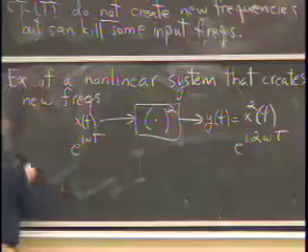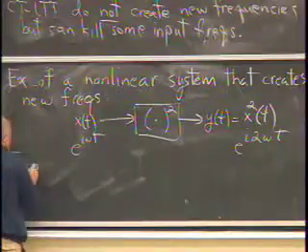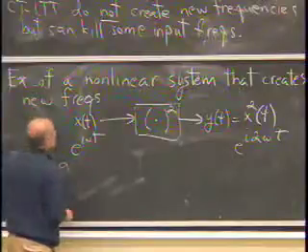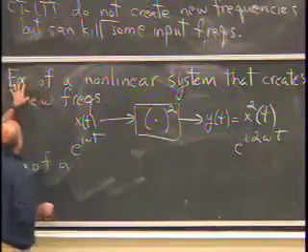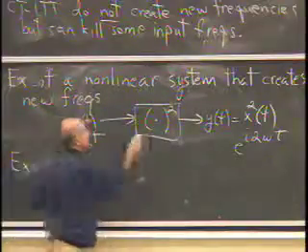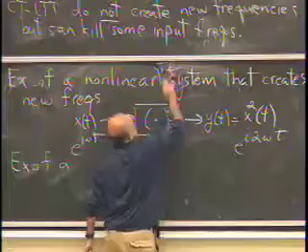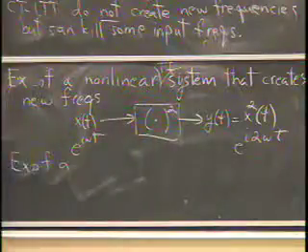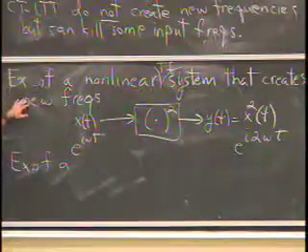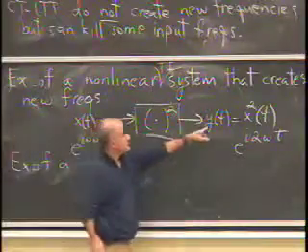Can you give me an example of a time-varying system? So this is actually interesting. This is an example of a nonlinear time-invariant system. The squarer is time invariant. You shift the input, you shift the output.